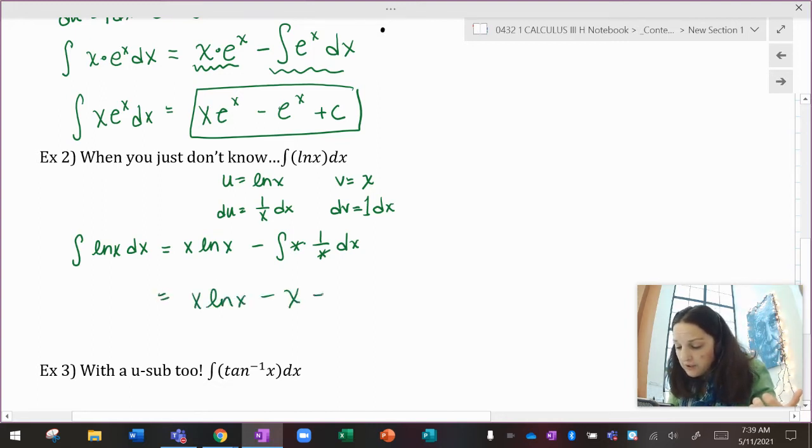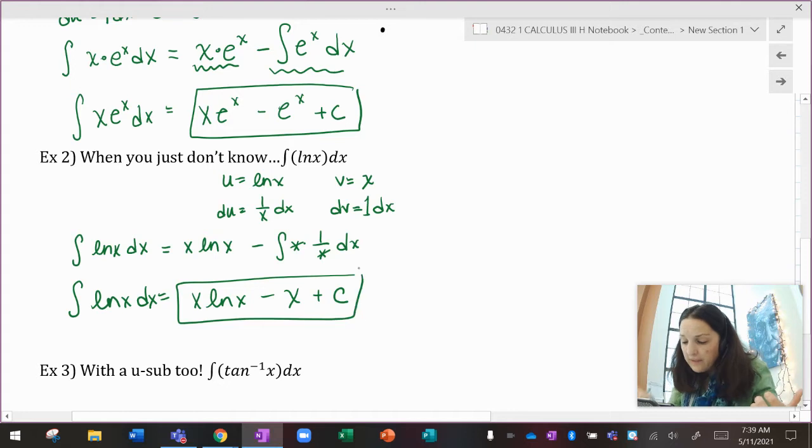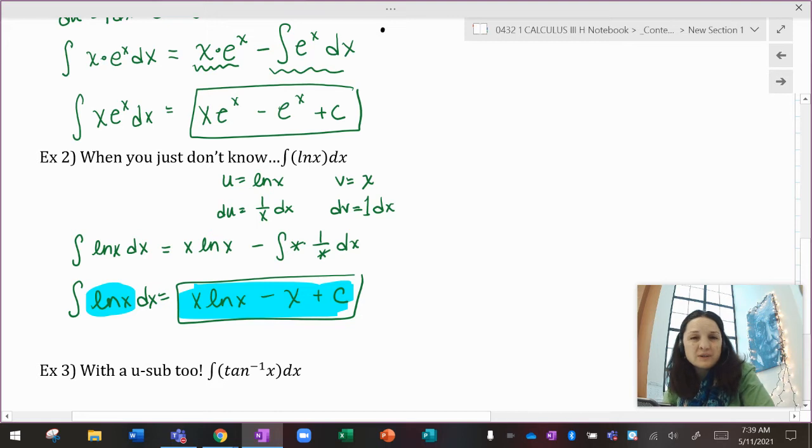So x ln x minus x plus c. So we just learned that the antiderivative of ln x is x ln x minus x. And that's something, honestly, that is good to commit to memory. The antiderivative of ln x is x ln x minus x plus a constant. So if you can, shove that in your memory banks somewhere.